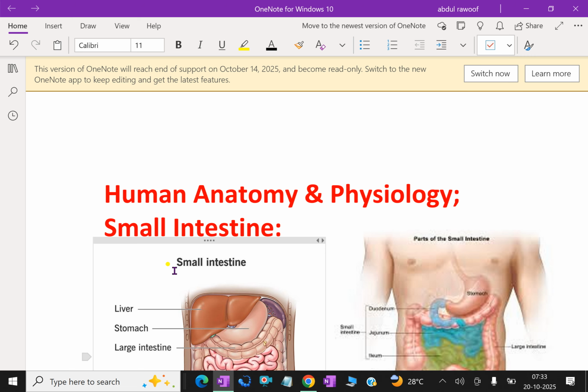Function of the small intestine. The functions are onward movement of the contents by peristalsis, which is increased by parasympathetic stimulation. Secretion of intestinal juice is also increased by parasympathetic stimulation.